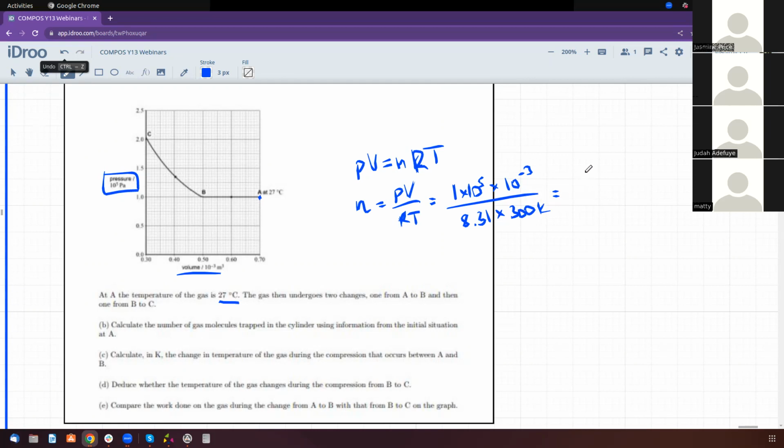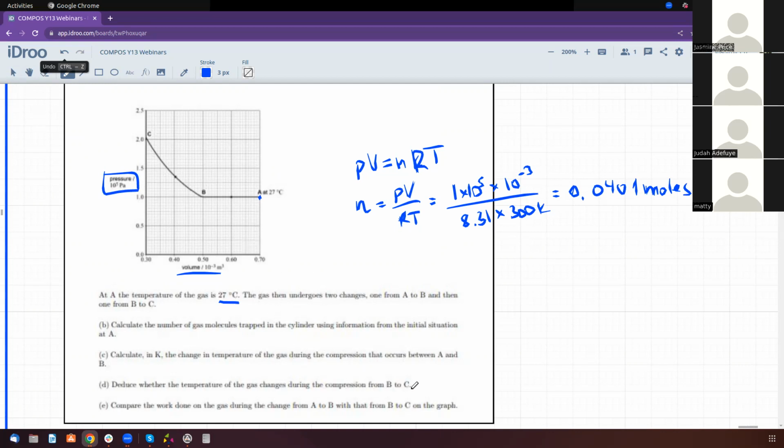So it's 1 divided by 8.31 divided by 3. So that's 0.0401 moles. I believe I haven't made a mistake. Okay. So this is very straightforward.